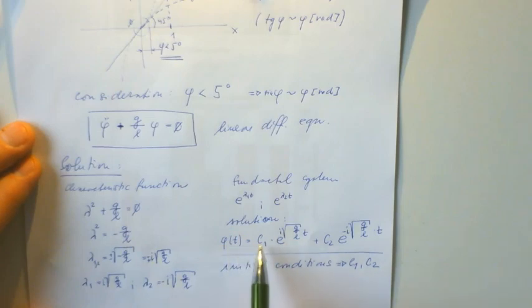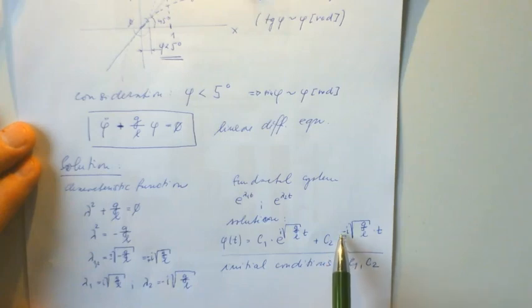Phi of t is C1, a constant, times e to the power of i square root of g over L times t, because e to the power of lambda 1 is this, plus C2, which is a constant, times e to the power of minus i square root of g over L times t. These constants are still unknown and we can calculate them from initial conditions.